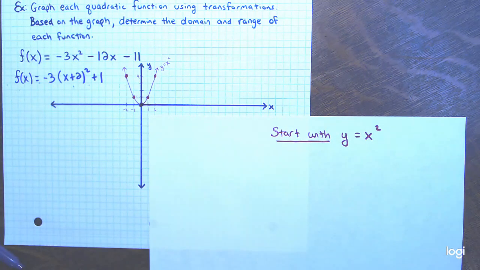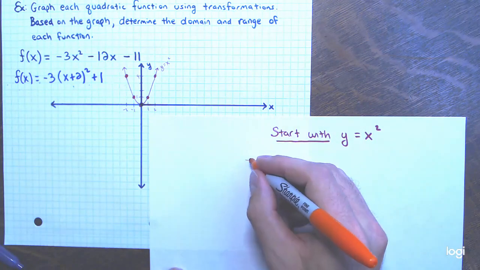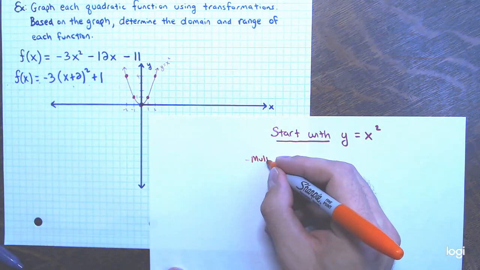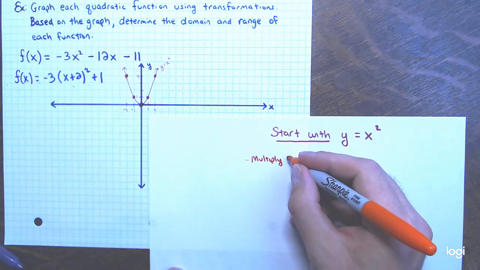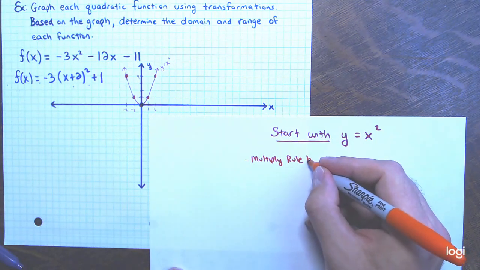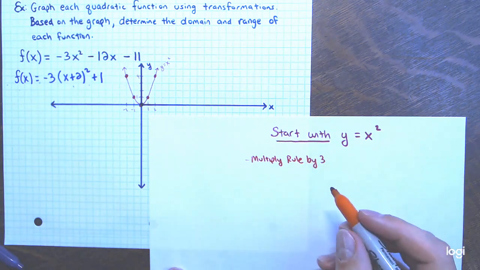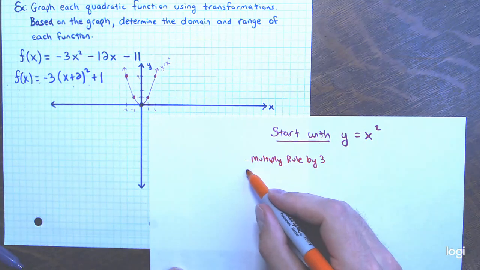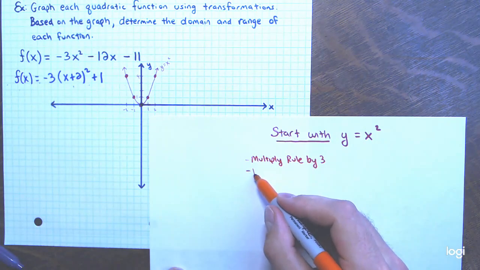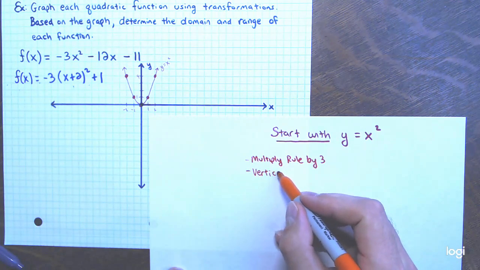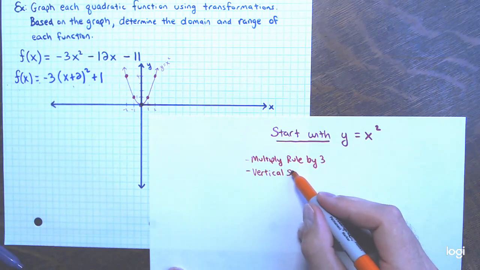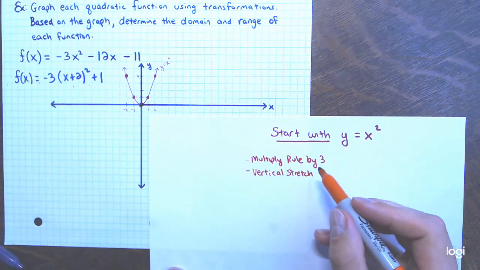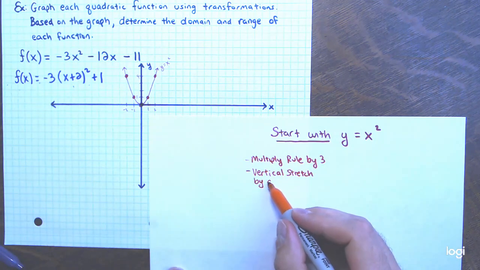So actually the first thing I'll do is multiply by 3. I'm going to take the rule the way it is and multiply the rule by 3, which is going to cause a vertical stretch by a factor of 3.